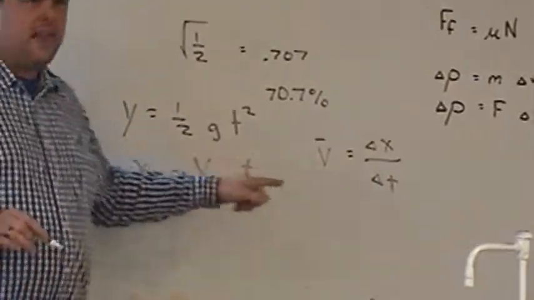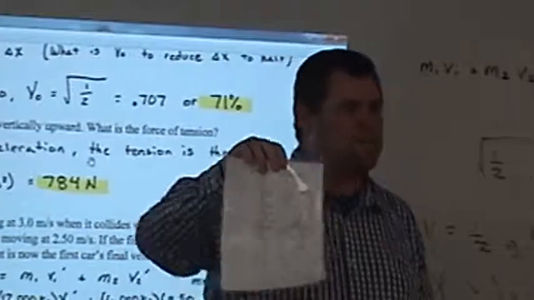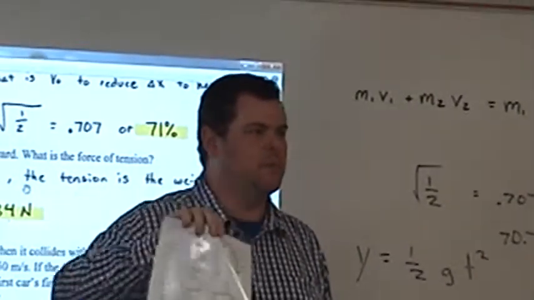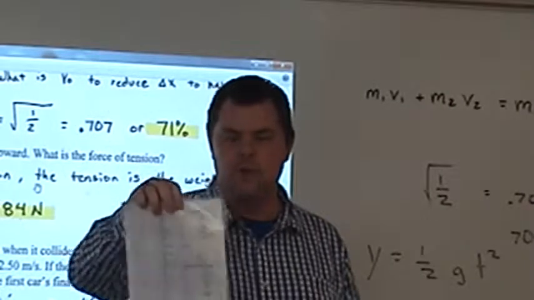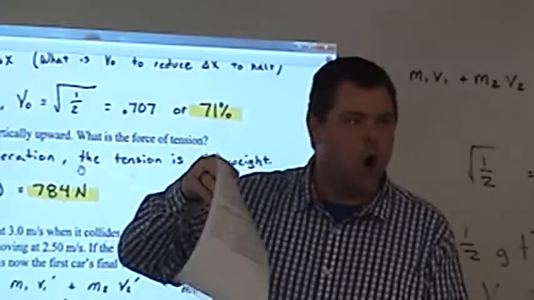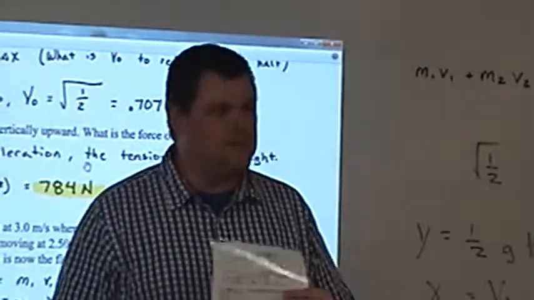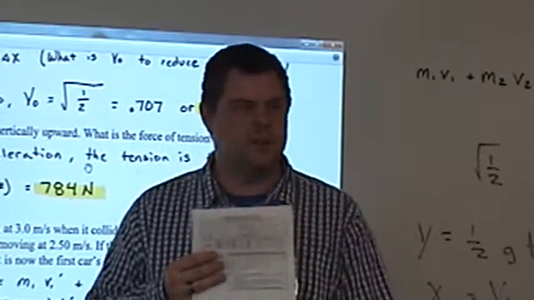Like the AP exam will tell you, it gives you this list of equations, but that doesn't mean that's all you could have to possibly use. Sometimes you can substitute things in and you can derive new equations from the information given here. So if you're not familiar with which equations are on here, always a great thing to look at. You don't have to memorize prefixes because they're on the front. You don't have to memorize constants because they're on the front.